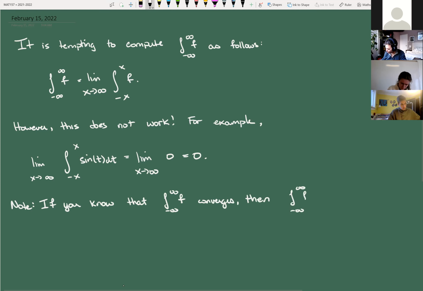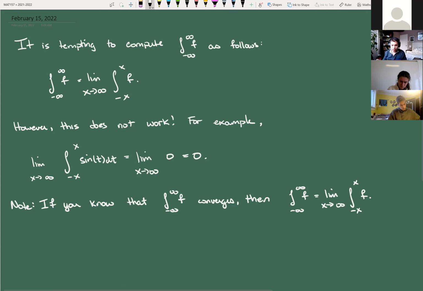You can't use this to prove that this converges, but if you want to use it to figure out the value of the improper integral, then you can do that. It's just that sort of situation is kind of weird, because how would that happen, right?